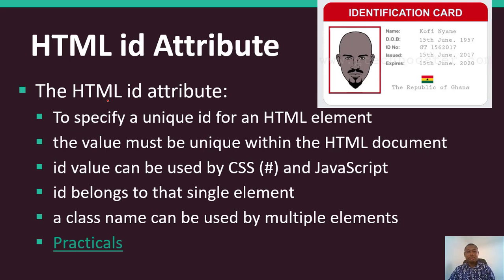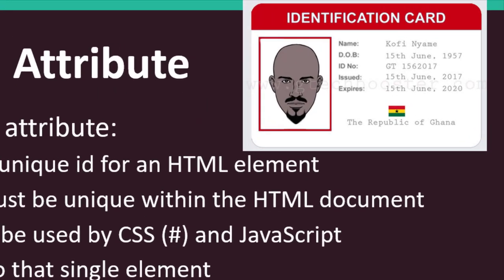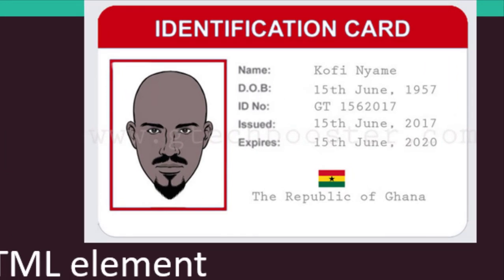Unlike the class attribute, there is also the HTML ID attribute. In order to understand the ID attribute, we can use an identification card. Two persons cannot share the same identification card. For instance, this card that we see has a special identification number here.